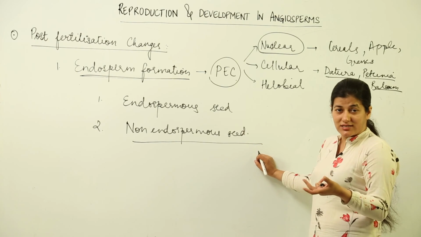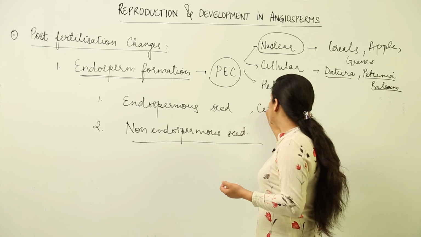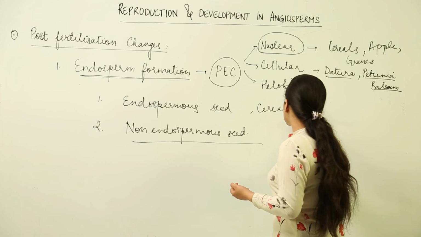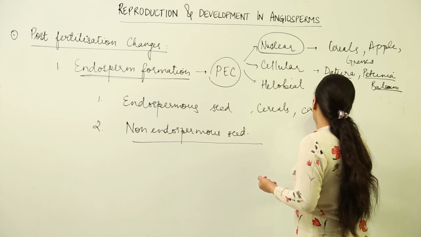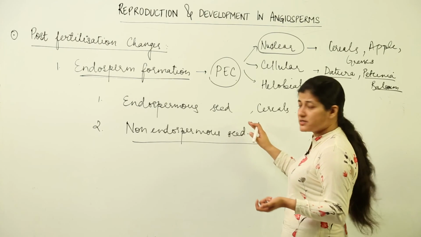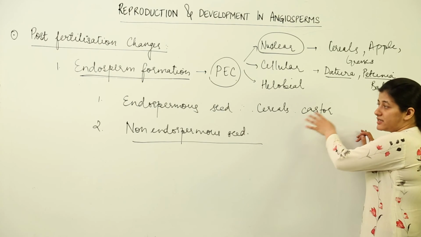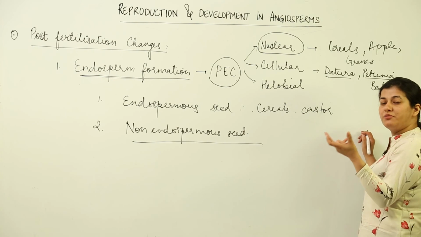But in certain cases, like cereals, castor seeds, and of course, as I gave you the example of coconut, fresh coconut, cereals and castor have the endosperm remaining in them.